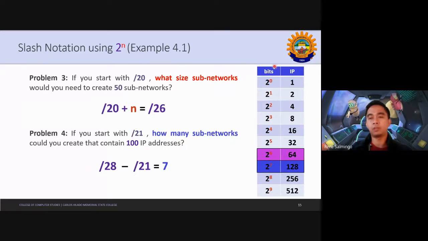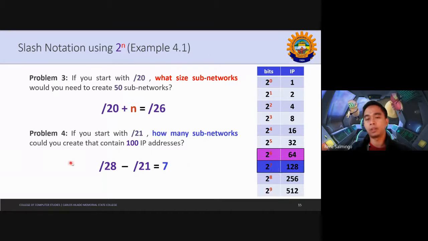You have this table, and this table will allow you to see if you have 100 IP addresses. The maximum value that you could use is 128. The notation for 128 is that you will automatically have 7.